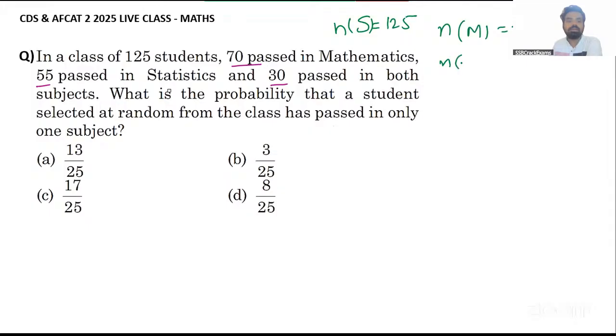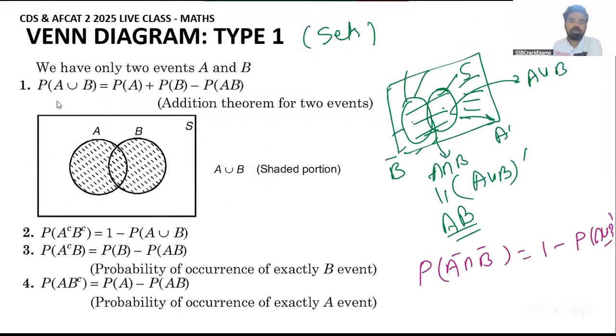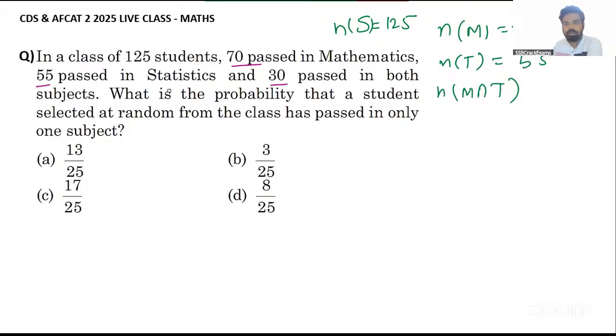Statistics, suppose I represent it by T. Then the number of students who passed in statistics is 55. And 30 passed in both, so it means in maths and statistics both, the common portion. I told you, the common portion is A intersection B. So the common portion means passed in maths and statistics both.